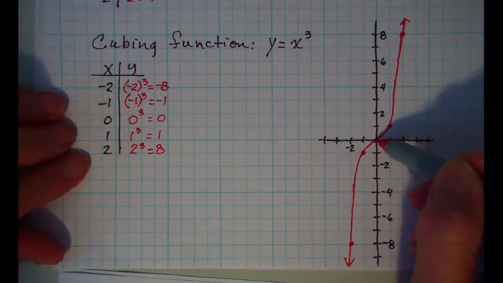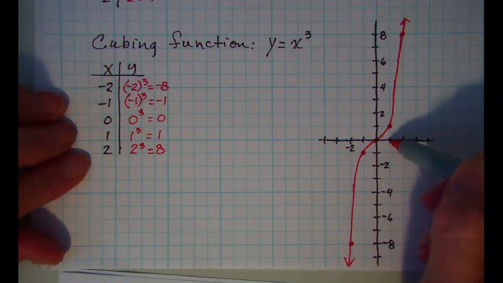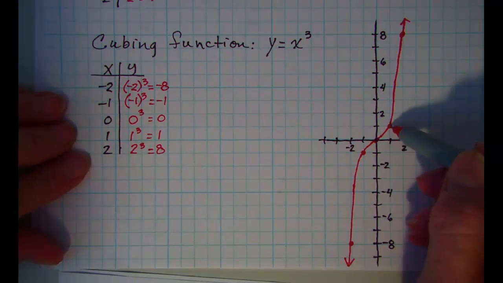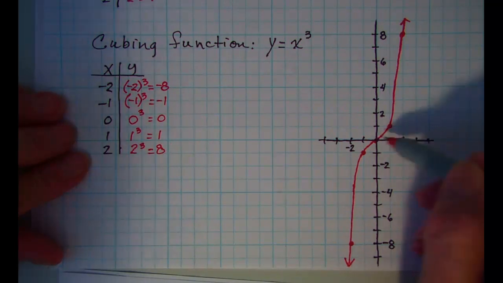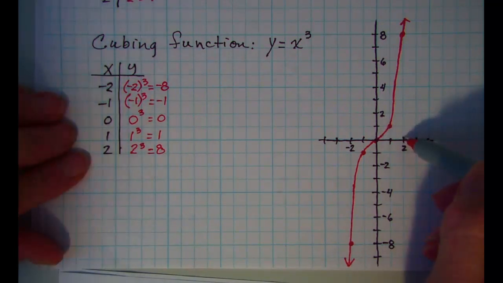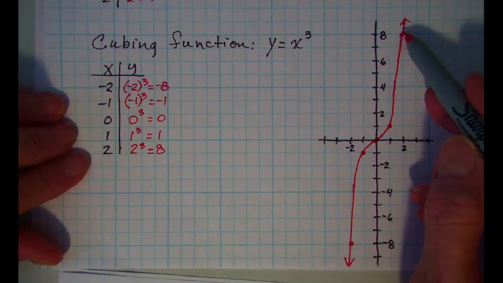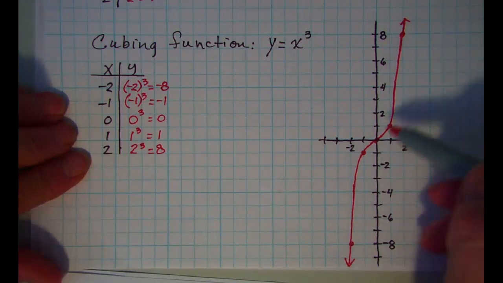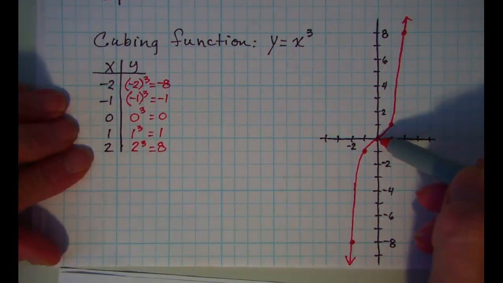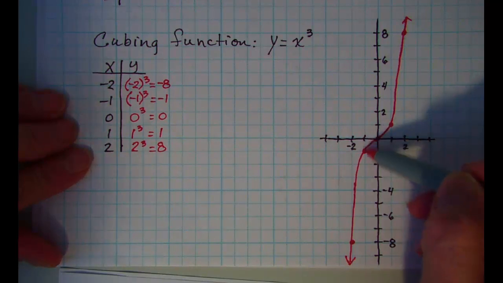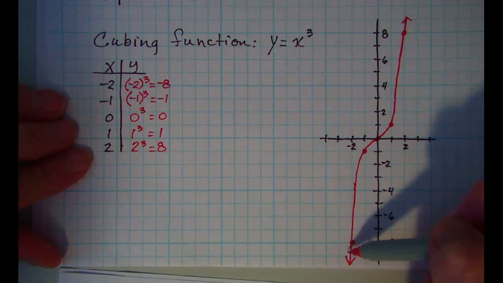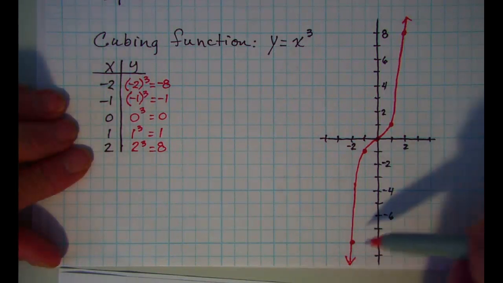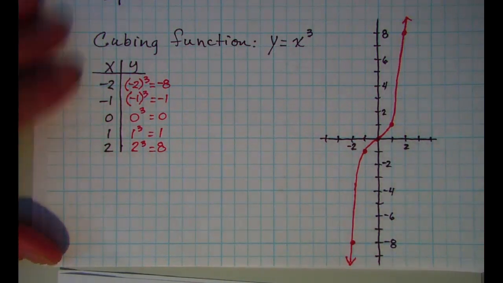And then again, when we go 1 unit to the right, we go 1 unit up. But then it's different from the previous graph, because when we go 2 units to the right, we have to go up 8. All right. And then also on the left side, when we go left 1, we go down 1. But then left 2, we go down 8. So that's our cubing function.